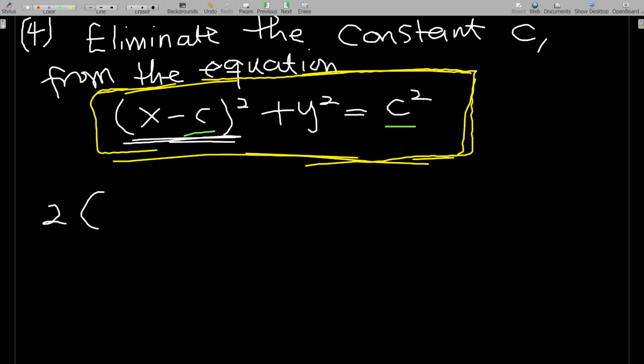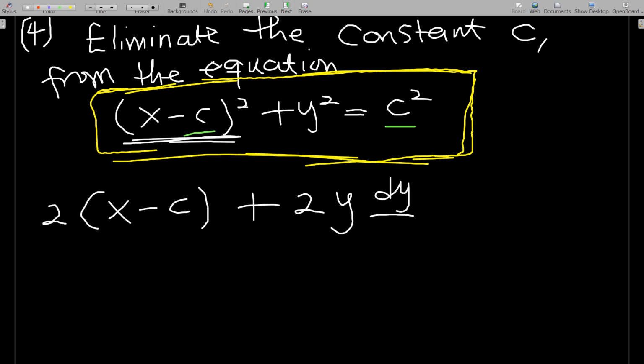Then I have the same bracket back, but this time subtract 1 from the power, so I have x minus c. Now plus the differential of y squared with respect to x, and you use chain rule here, so I have 2y dy dx, and this is equal to 0, because when you differentiate c, where c is a constant, you get 0.